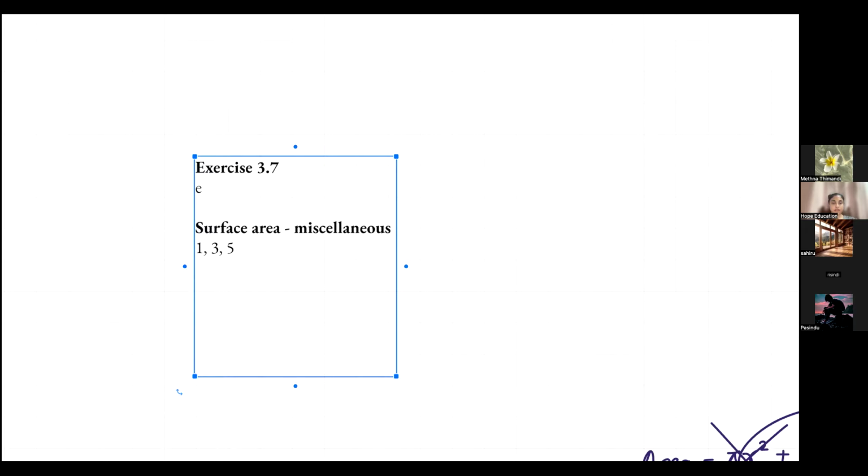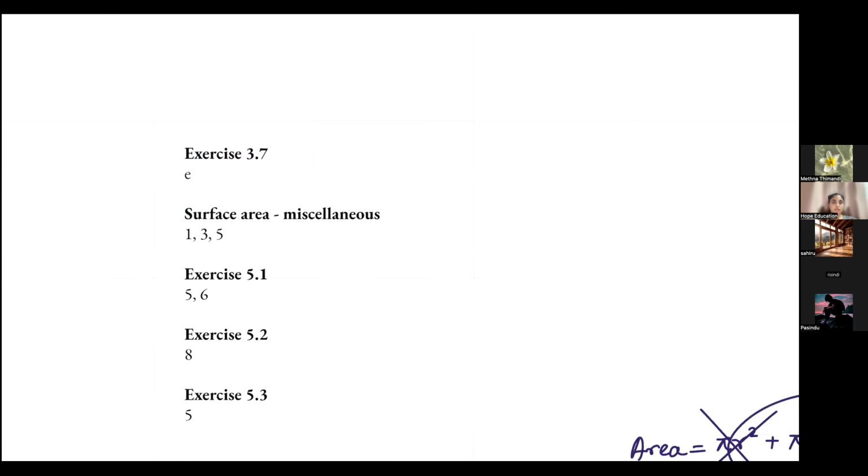No, just put 8. Then 5.3. Let's do 5. Okay, so these are the homework. And I will also send the whiteboard notes.